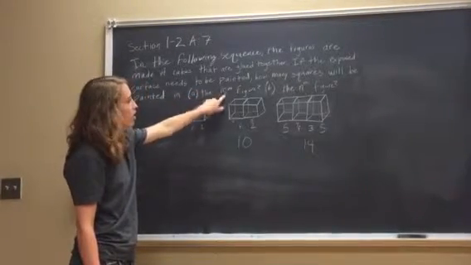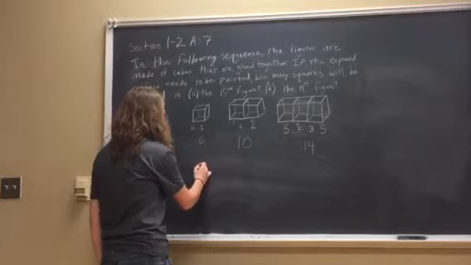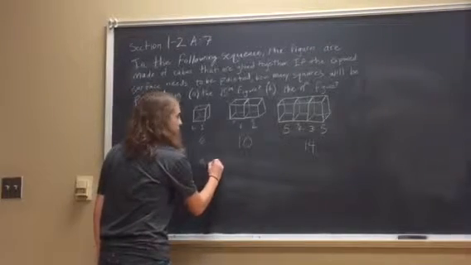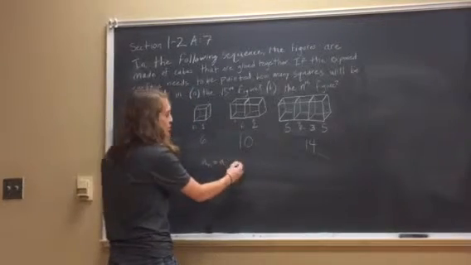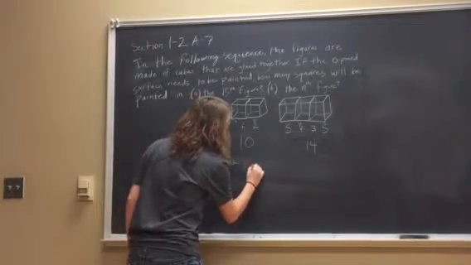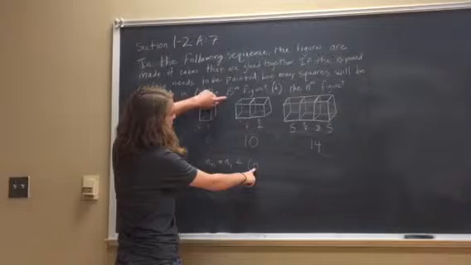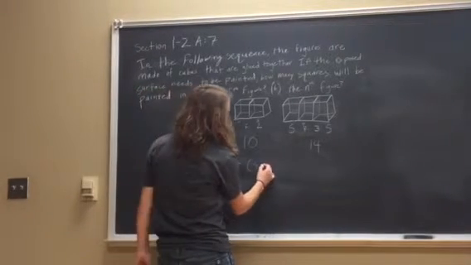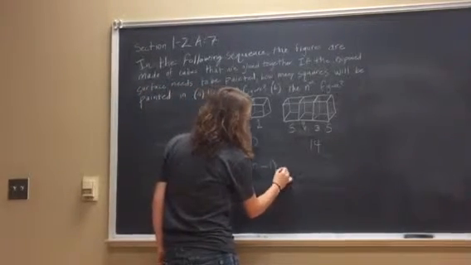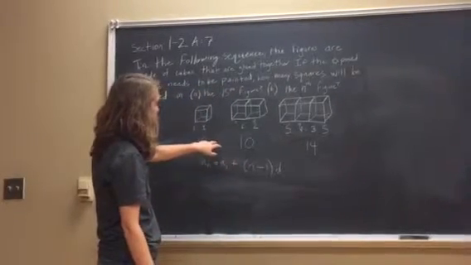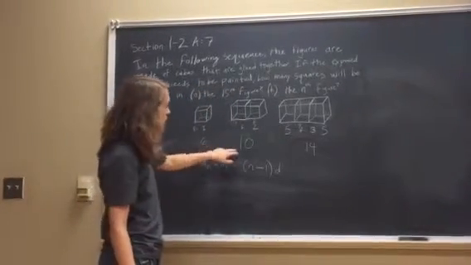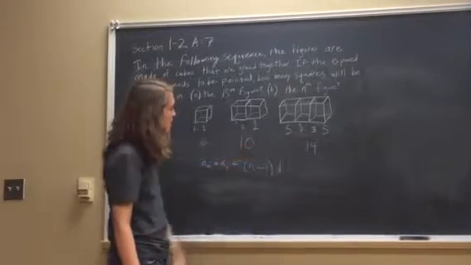Our formula for an arithmetic sequence is a_n equals a_1, which is our first term, plus n, which is the figure that we're trying to find, which is 15, minus 1 times the distance, which we've identified as being 4, because we add 4 in between each figure.